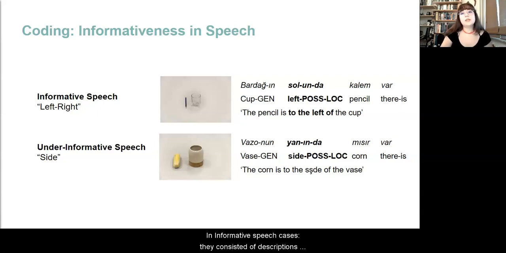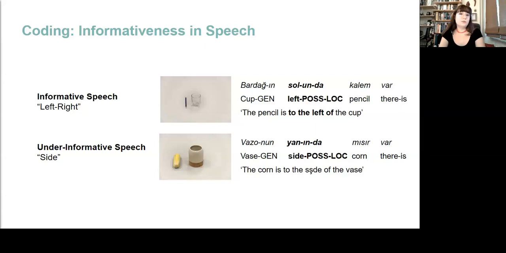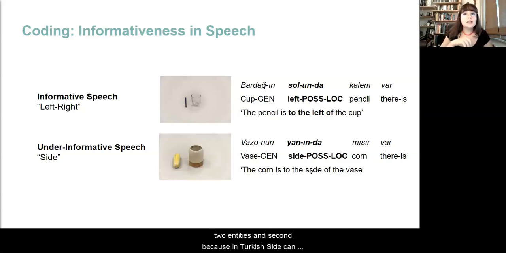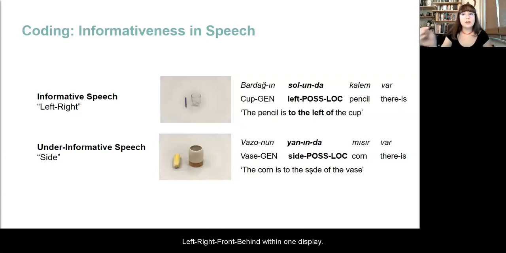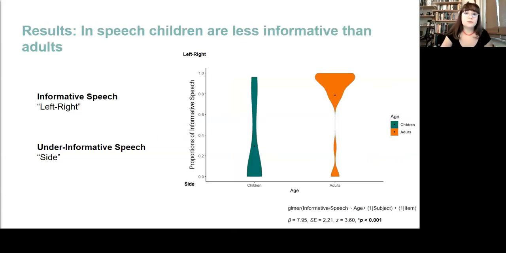Informative speech cases consisted of descriptions with left-right spatial terms, and under-informative speech cases consisted of descriptions with side. Here, side is under-informative because it does not convey the exact spatial relation between the 2 entities, and second, because in Turkish, side can be used to refer to any side of an object, including its front and behind. Therefore, descriptions via side do not differentiate between left, right, front, and behind within one display.